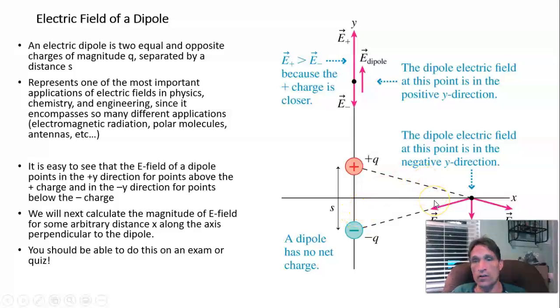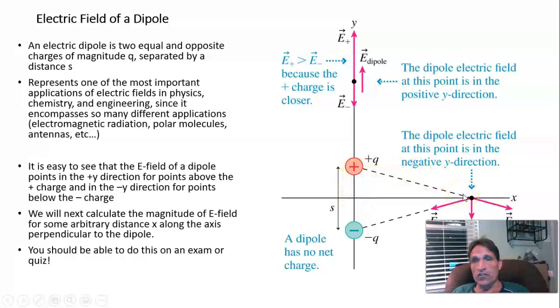So that's the distance from the probe charge located at distance x along the x-axis to the negative charge. The distance between the probe charge and the positive source charge is the same thing: x squared plus (s over 2) squared, to the 1/2.